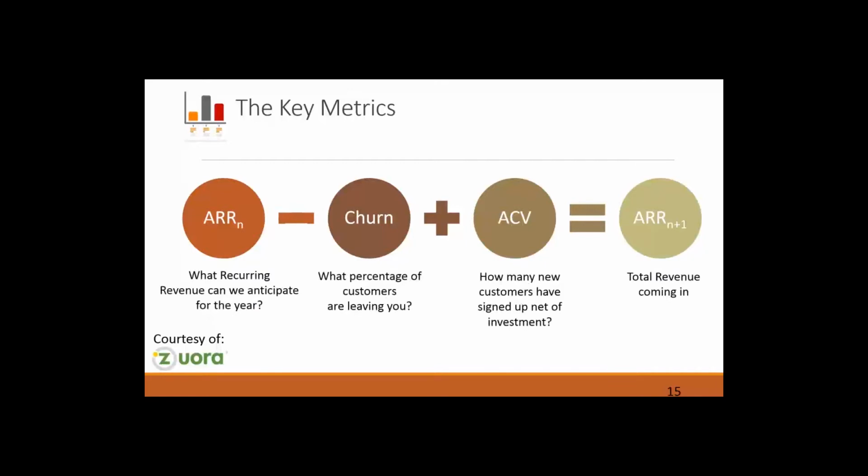So here are the key metrics lined up in a formula style so that we can understand why they're important. This is courtesy of a company called Zuora. Zuora is a cloud-based company that can handle all of the subscription economy for you.